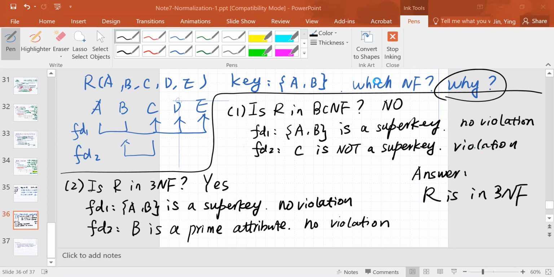We can see what we learned so far: how to design from an ER diagram to implementation in SQL, right? We also learned how to theoretically analyze and evaluate a given design like this. This is a given design. People produce this table, right? With the functional dependencies, we can see which normal form this design is in, like in this case, third normal form, right?